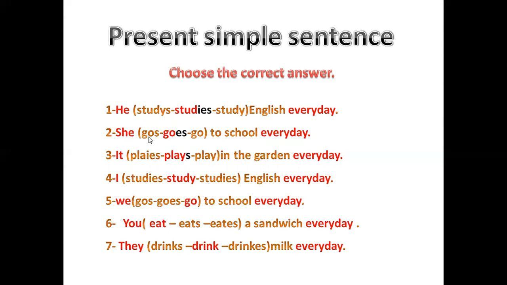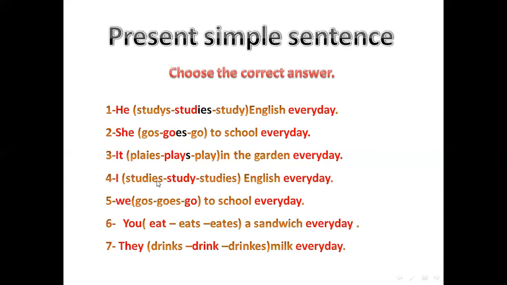If the verb ends with o, it plays. We change y to ies, or plays, we leave the y the same without changing and put s, or play without any ending in the garden every day. I studies, or I study, or I studied English every day. I know it is the same. Here a mistake.